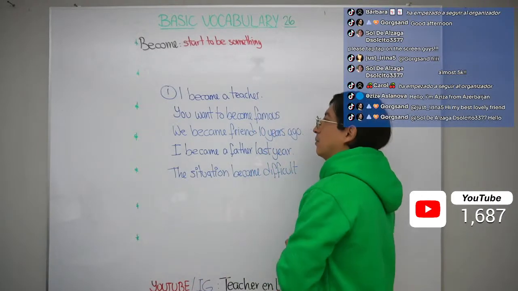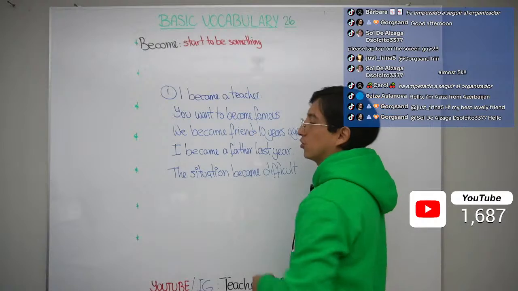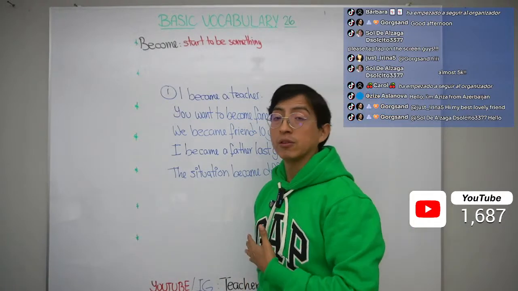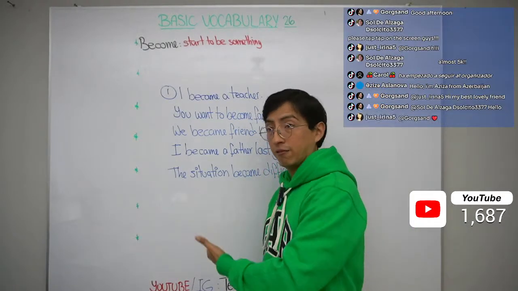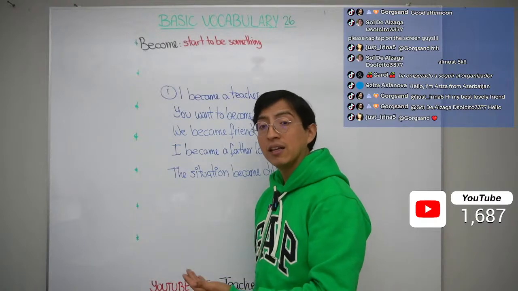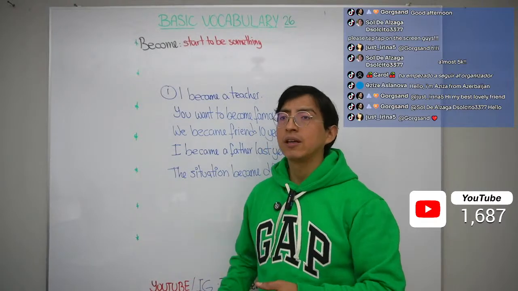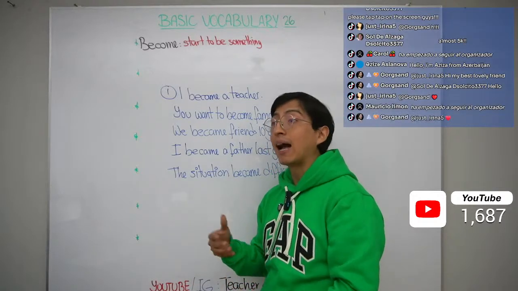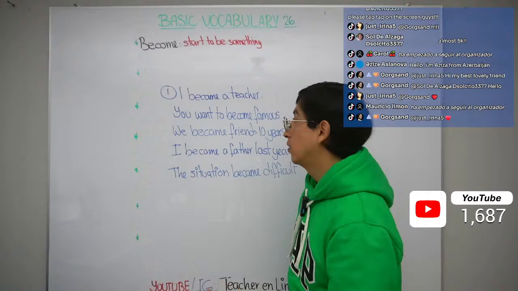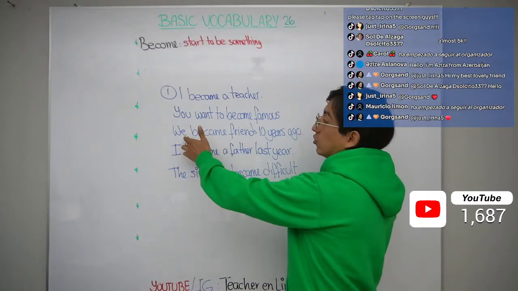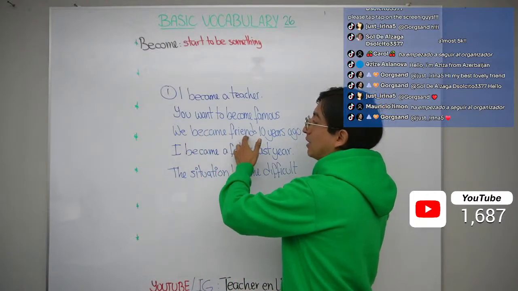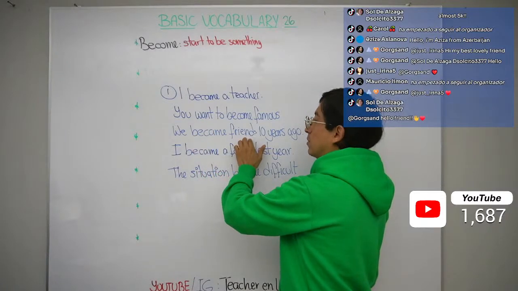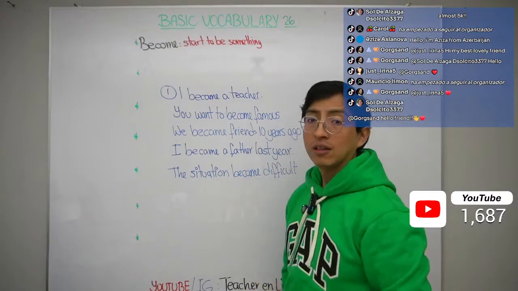Okay, otra, vamos por aquí. I want to become famous. Tú quieres convertirte en famoso o tú quieres llegar a ser famoso. Ok, otra vez. Estamos hablando de que quiero empezar a ser famoso. ¿Ok? We became friends. Nosotros llegamos a ser amigos o nos hicimos amigos hace 10 años. ¿Ok?